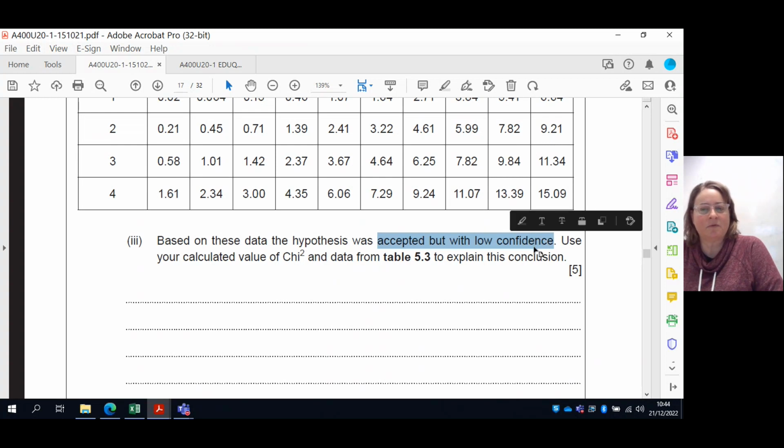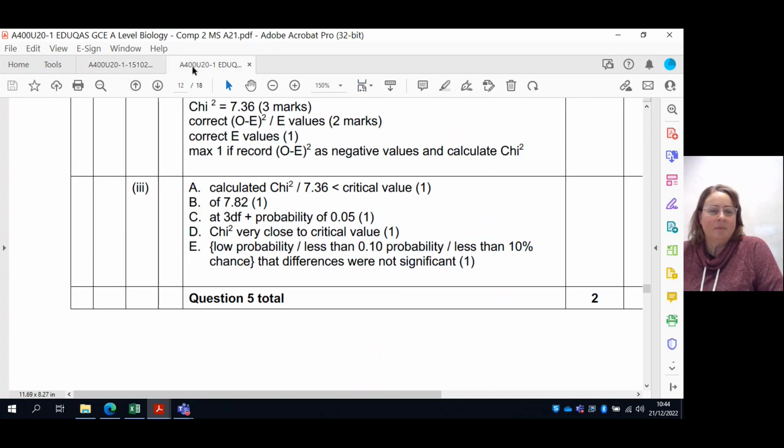Why is accepted with low confidence? To kind of click in, the numbers are close. Mark scheme is wording it and giving you credit for the following. So figuring out that your calculated is lower than the critical value of 7.82. How do you get to this? By 3 degrees of freedom and probability. So you need to actually state it, not just circle it on the table as much as it's correct.